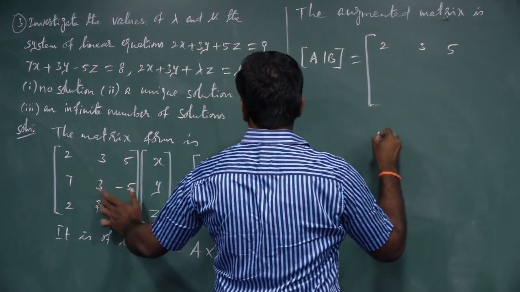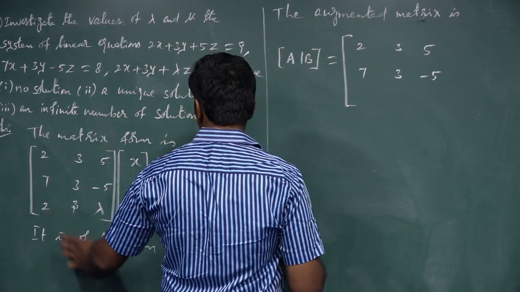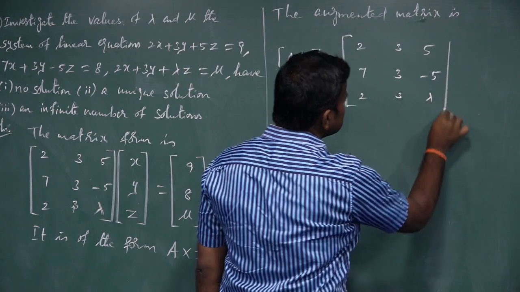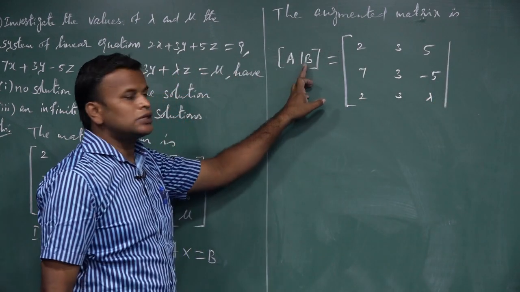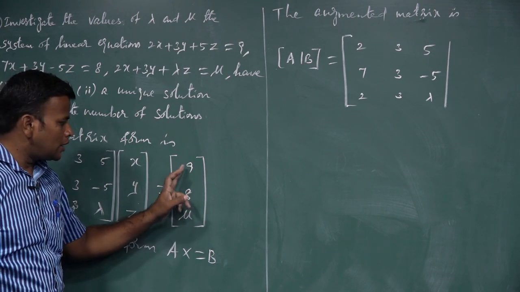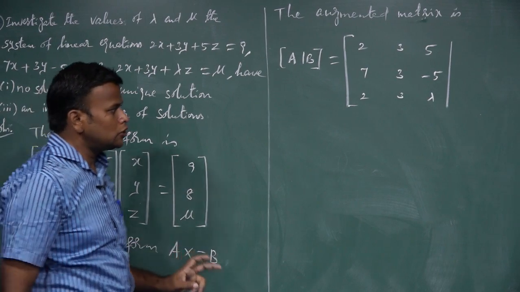Second row, 7, 3, minus 5. Third row, 2, 3, lambda. This is extended by B. The values of B are 9, 8 and nu. We enter the values in A by B: 9, 8, nu.